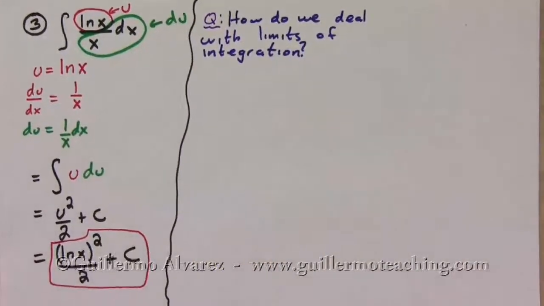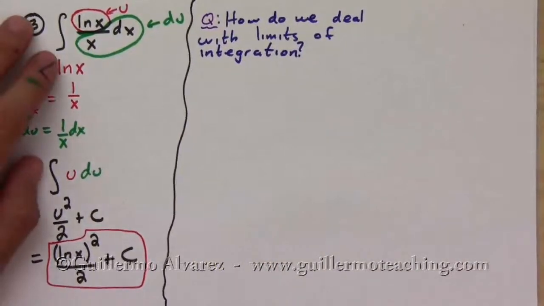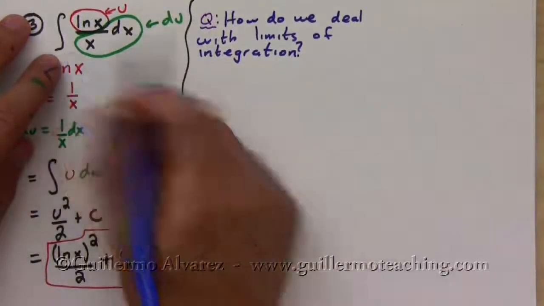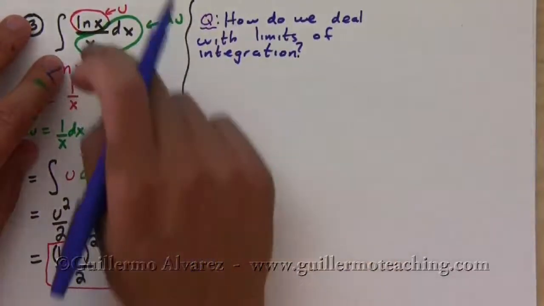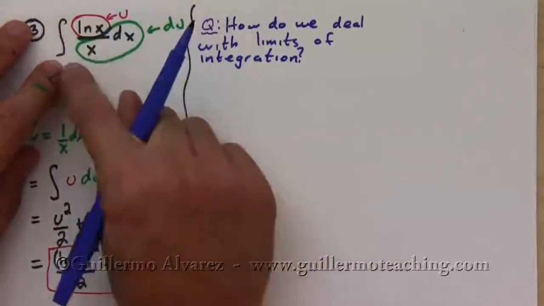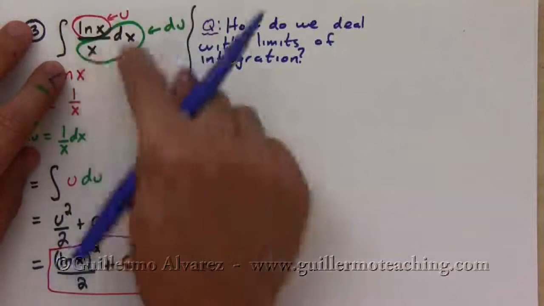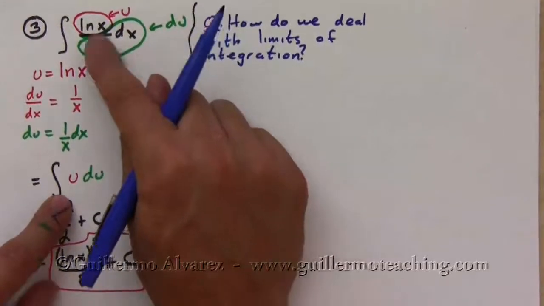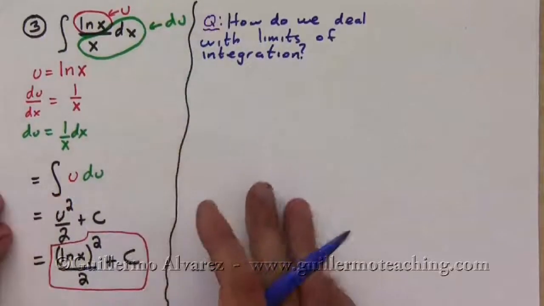But we can also use this for definite integrals. But if you have a definite integral, those values are with respect to the variables that are inside in the beginning. If you change everything to u's, then those limits of integration no longer are valid.